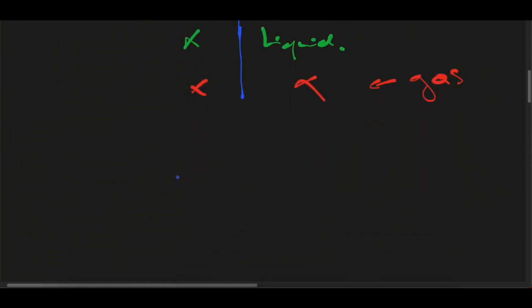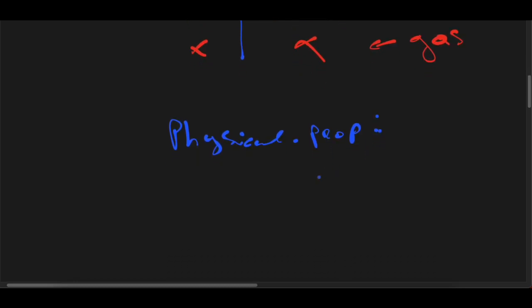The physical properties are those properties that are observable, like the color of the matter, the physical state, for example, if it is in solid, liquid, or gas state.